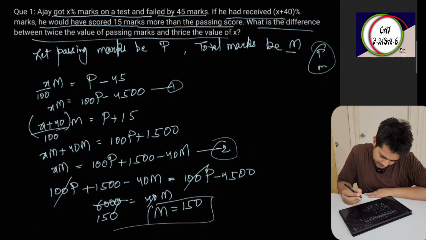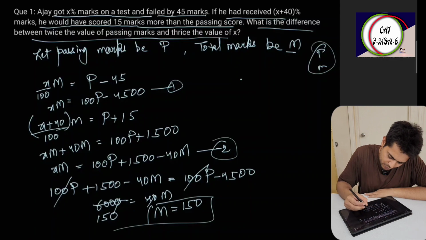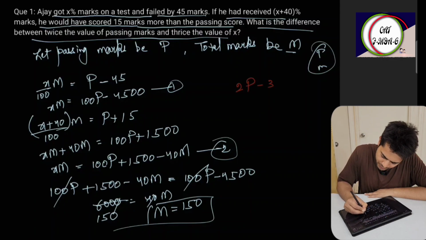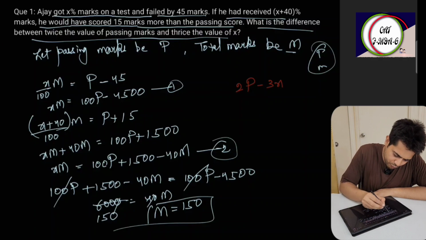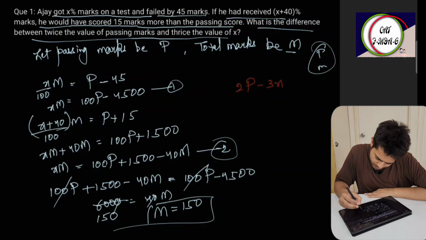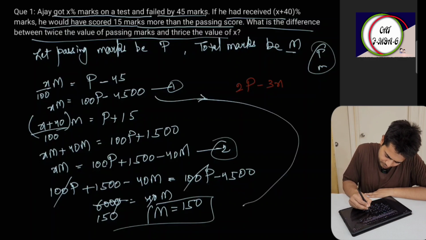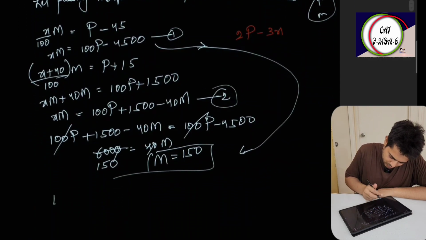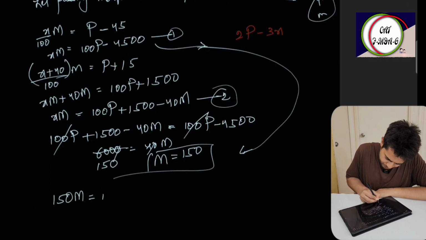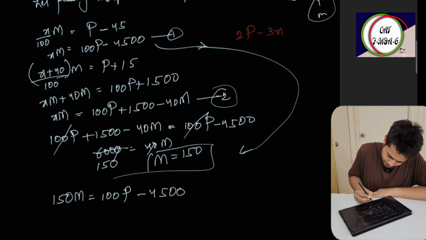Okay. And what is the difference between twice the value of passing marks, means 2 into P, minus thrice the value of X? This we have to find out. Okay, 2P minus 3X. So M is equal to 150. Let us put it in this equation. So 150X is equal to 100P minus 4500.